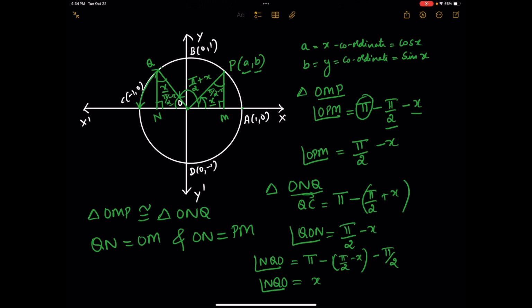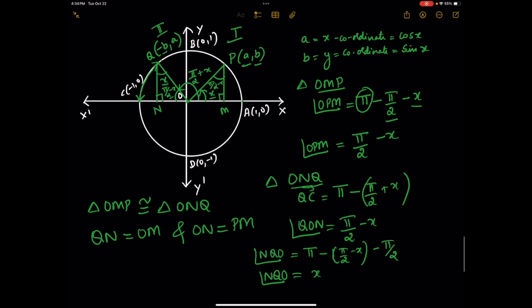So basically Q would be minus b comma a. Why would this be minus b? Because it is the second quadrant. So this is the first quadrant where both x and y are positive, and in the second quadrant we have x as negative. So now what would be the values of sine?